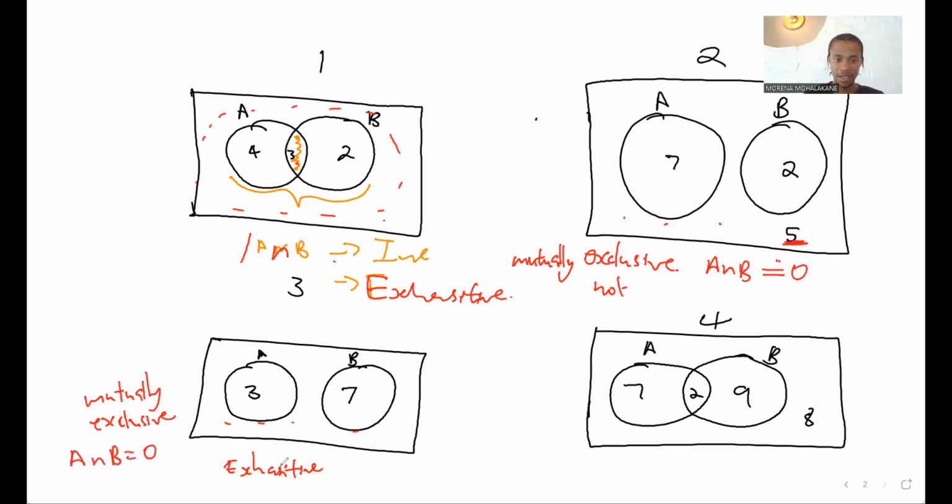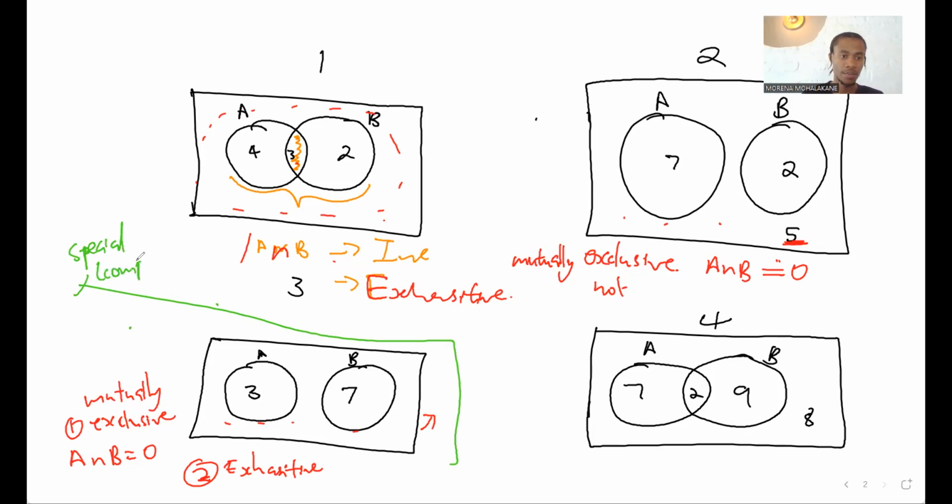It does not exist. And it's exhaustive. So events that are exhaustive and mutually exclusive, we say that these are special events. They are called complementary events. They are very special.